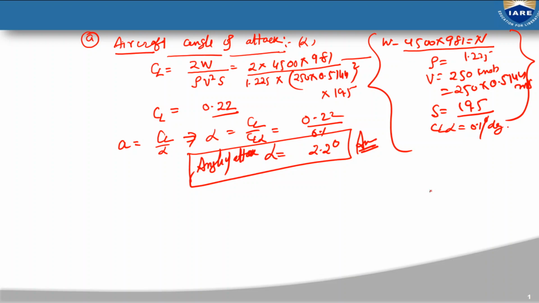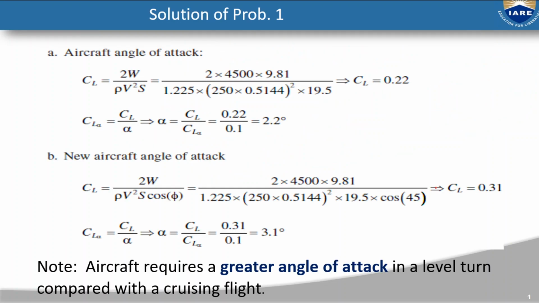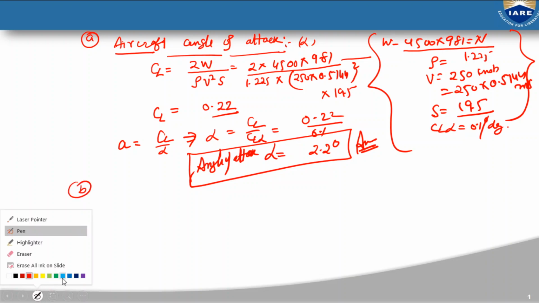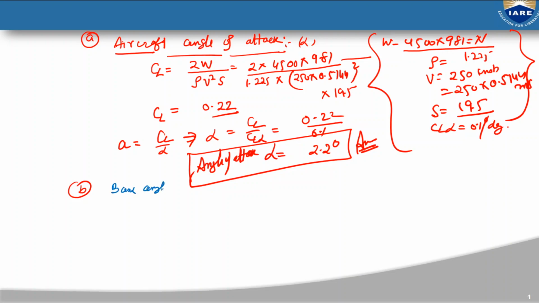Now we have to see the part B. In this case, bank angle is there. Bank angle phi is 45 degrees.